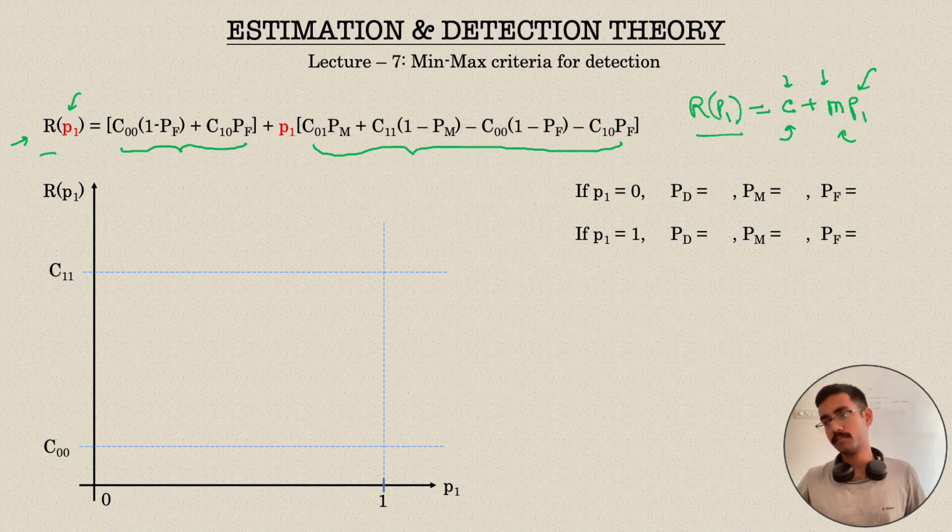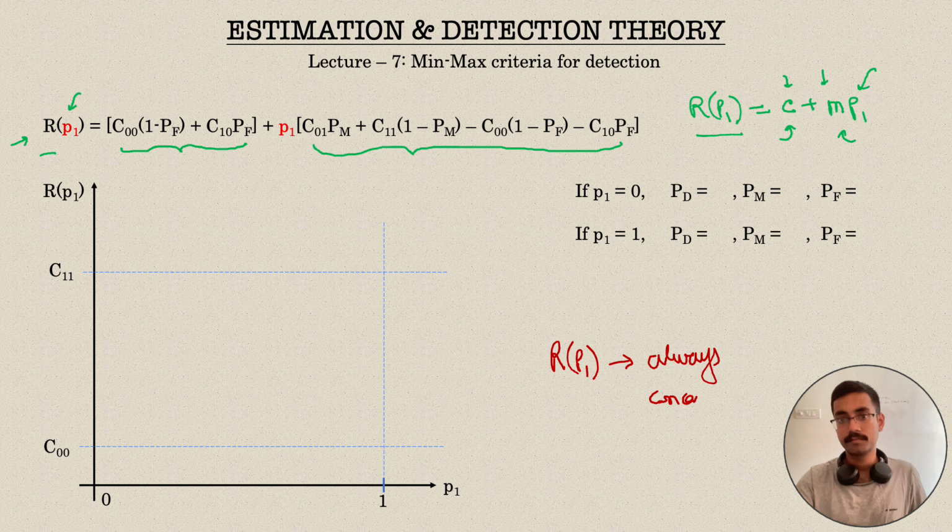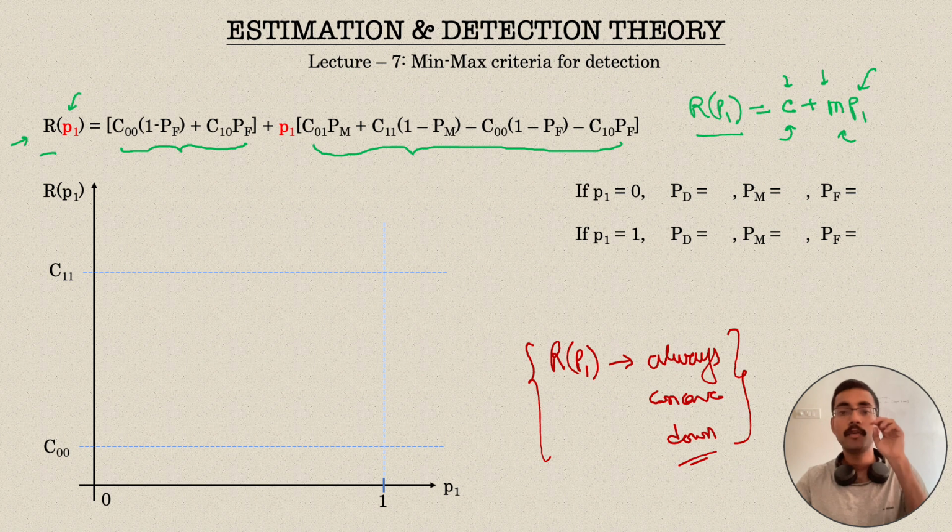There is one thing that we would be seeing shortly, that is this curve, this R of P1, it is always concave down. In fact, it can be proven that it is always concave down. Under no circumstances can it be in any other form.